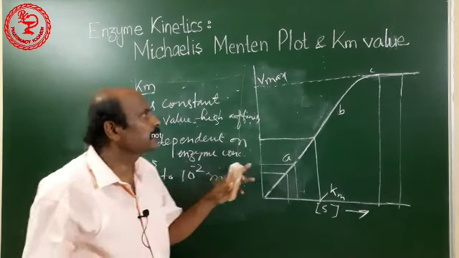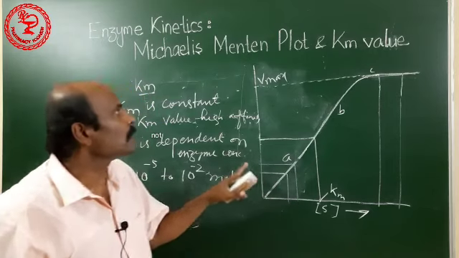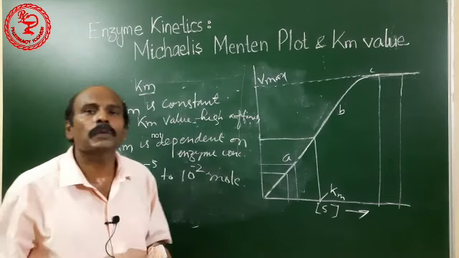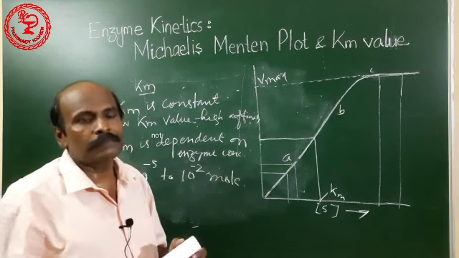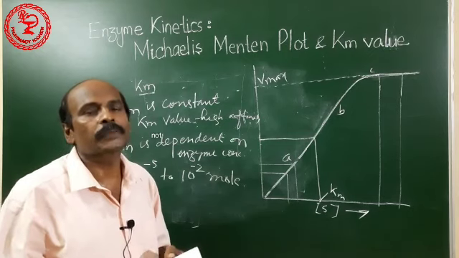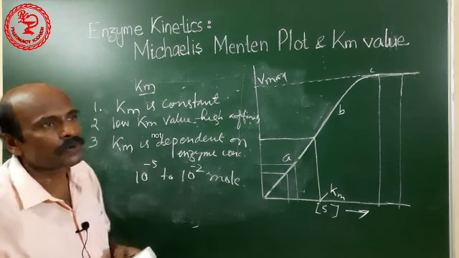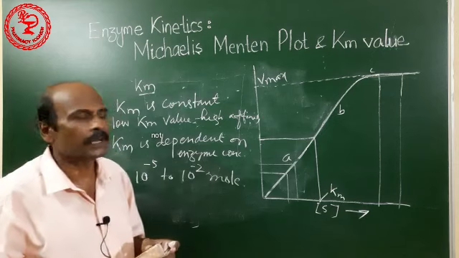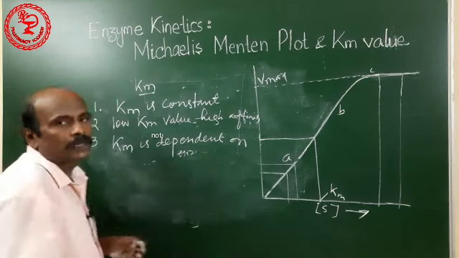So this is the demerit or limitation of this curve, the Michaelis-Menten plot. This problem is overcome by the Lineweaver-Burk double reciprocal plot. In the next class, we will discuss the Lineweaver-Burk double reciprocal plot. Thank you.